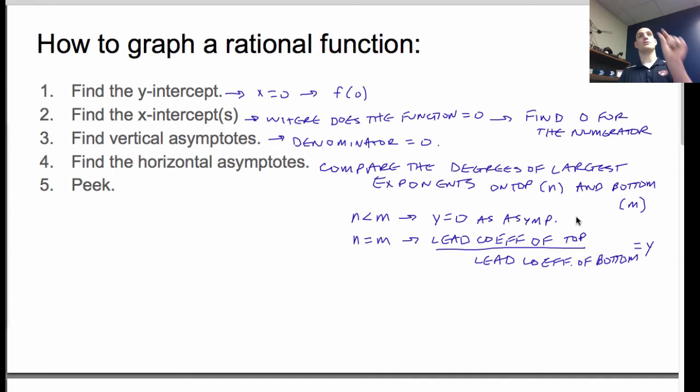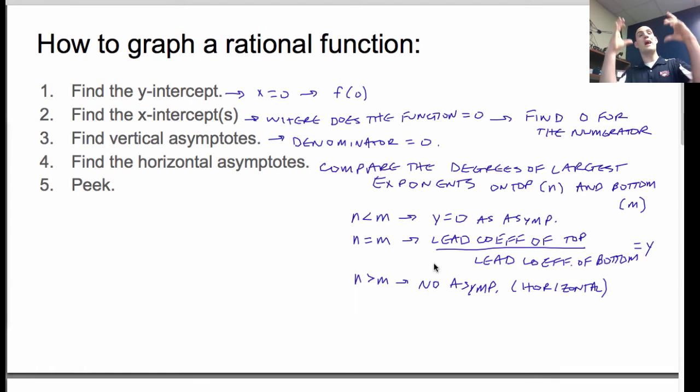So y is equal to, like, 2 over 3, the lead coefficient of the top over the lead coefficient of the bottom. And if n is bigger than m, there's no horizontal asymptote.